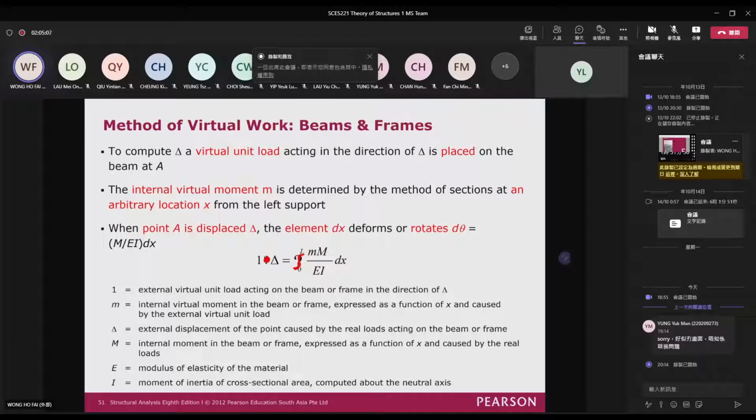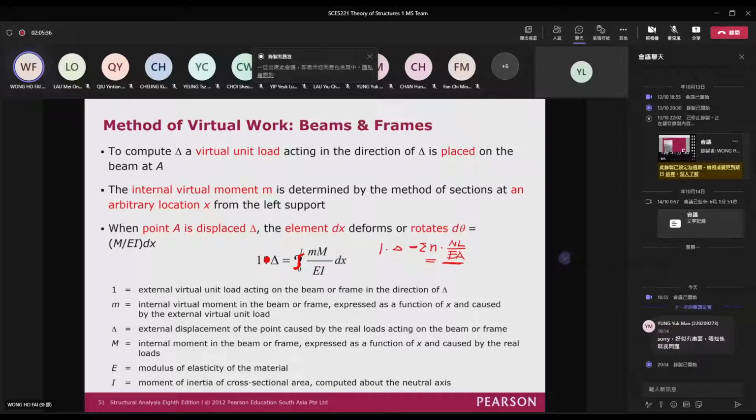Now, you should still remember the equation for the truss: 1 times delta is equal to the summation of n times NL over EA. This is the virtual force in the member, and this is the deformation of the member.